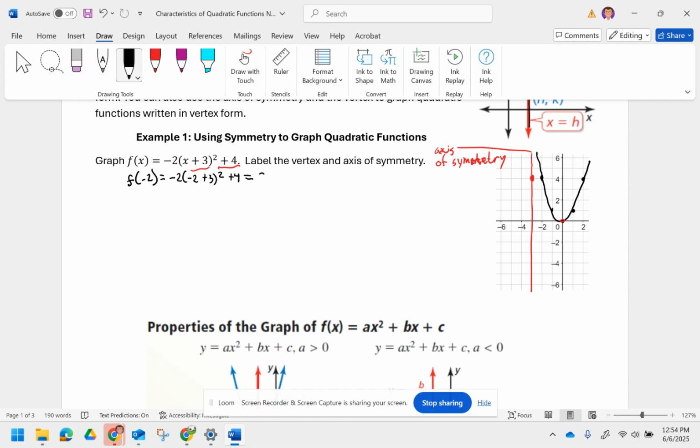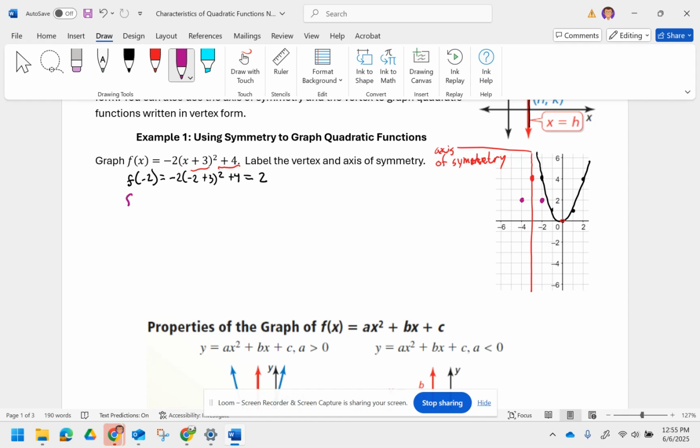Plus 4 is 2. So at -2, it should be up at 2. All right, now this is giving me a new point. Remember, this is symmetric, and here is our line of symmetry. So if I have a point here, I must also have a point right there.